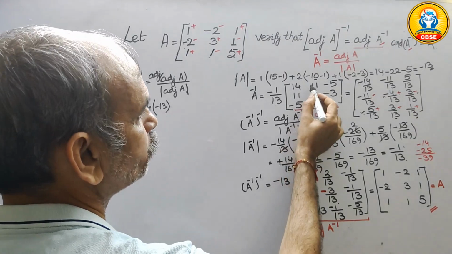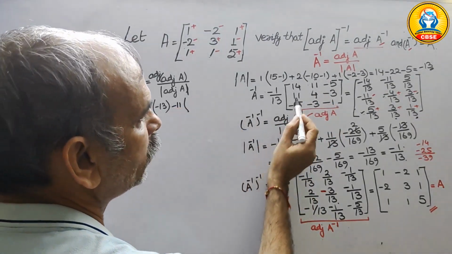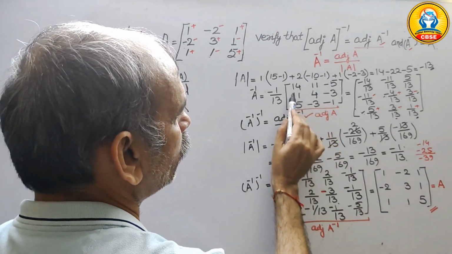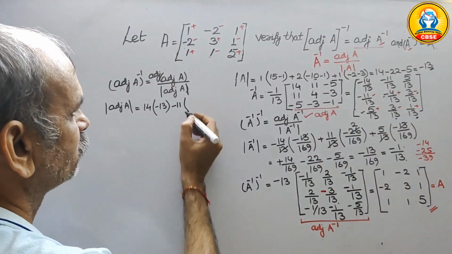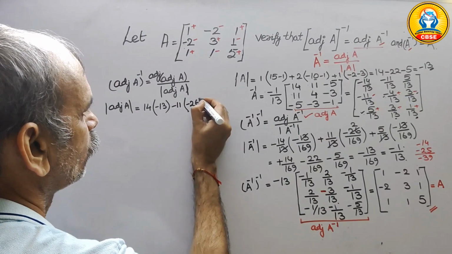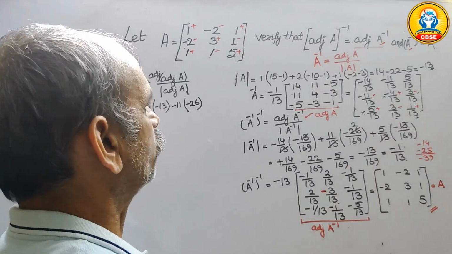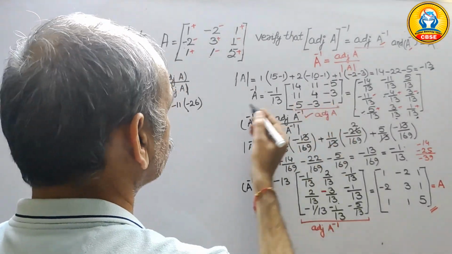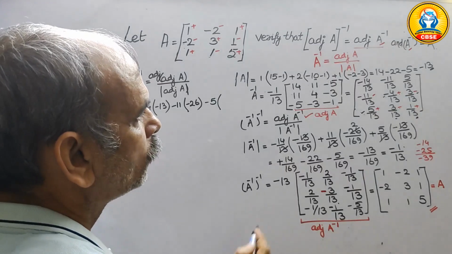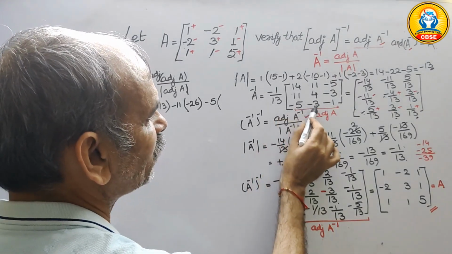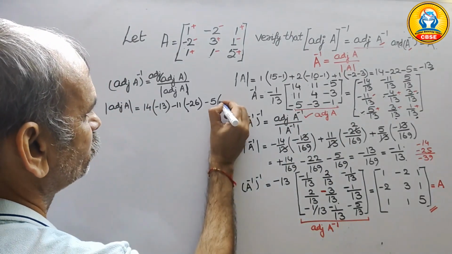Next, this position is negative. We will write minus 11. So here it will be minus 11 minus 15 is minus 26. Okay. Next comes your minus 5. So this will be minus 33 plus 20 is minus 13.